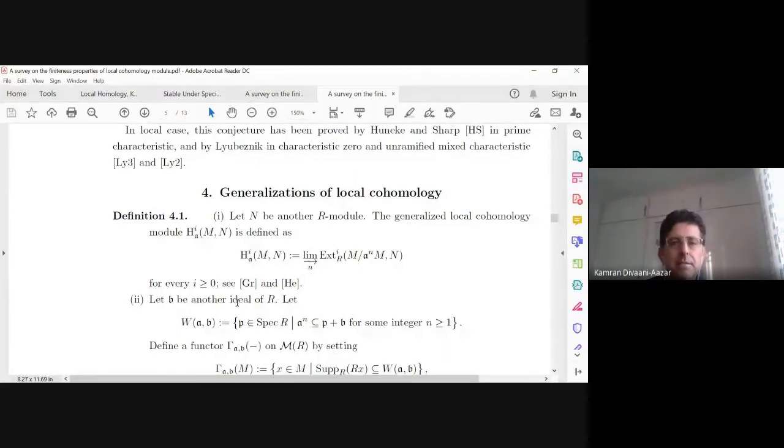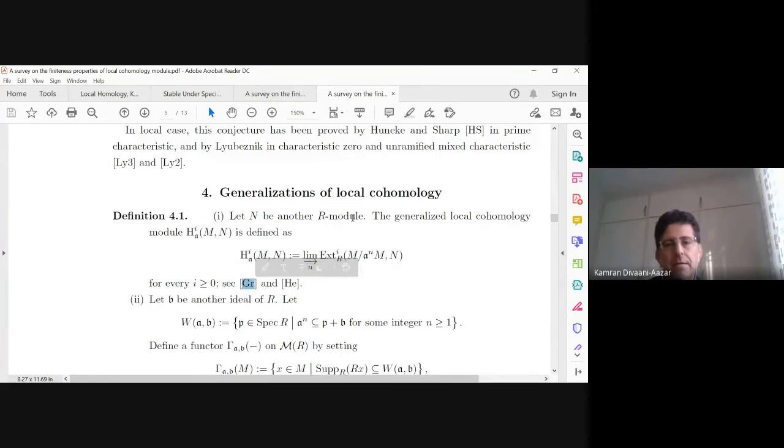So in this section, I bring the definition of some generalizations of the local cohomology. The first one is due to Jürgen Herzog, but even before Herzog, this notion appeared in a text by Grothendieck.